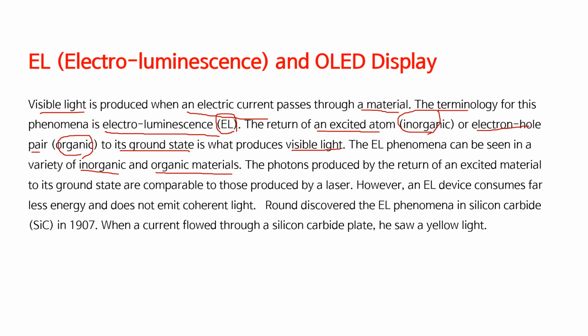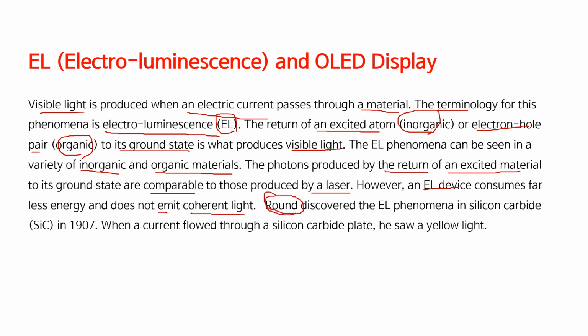The photons produced by the return of an excited material to its ground state are comparable to those produced by a laser. However, an EL device consumes far less energy and does not emit coherent light.